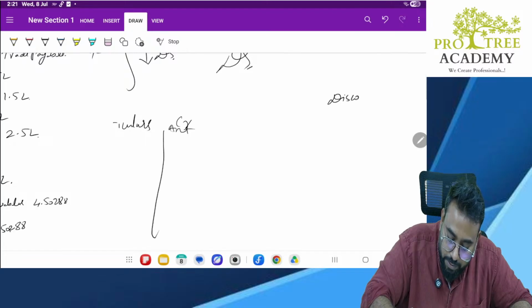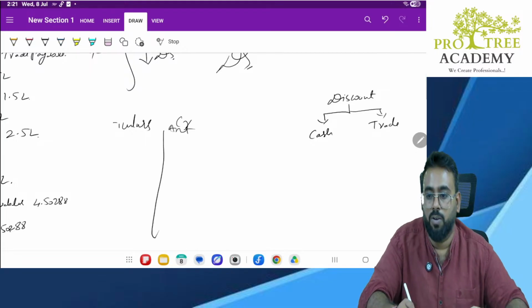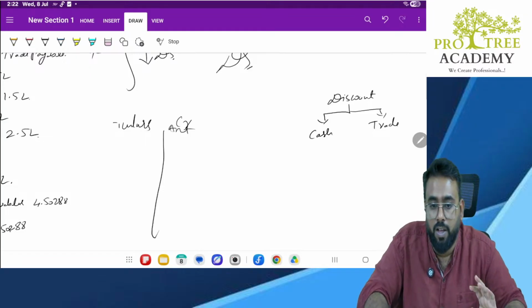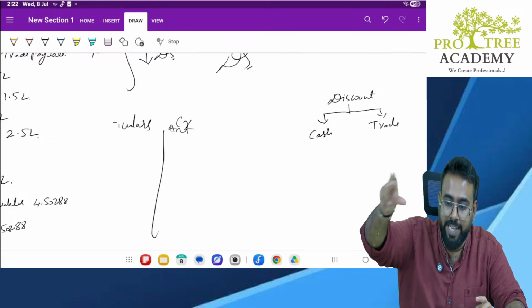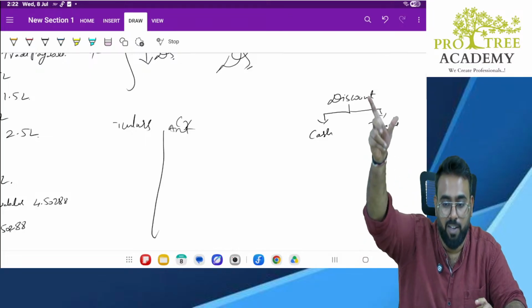Discount, there are two types. One is cash discount, one is trade discount. Sir, what is the meaning of cash discount and trade discount? I will tell you. Whenever you walk into Vishal Mart, D Mart, West Side, Zudio, there will be a sale running on, correct or no?